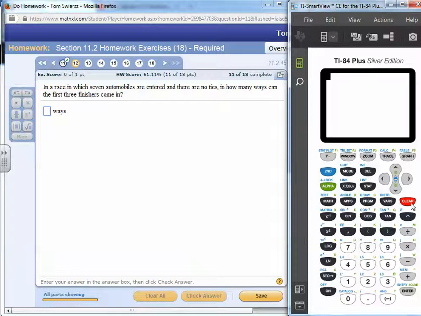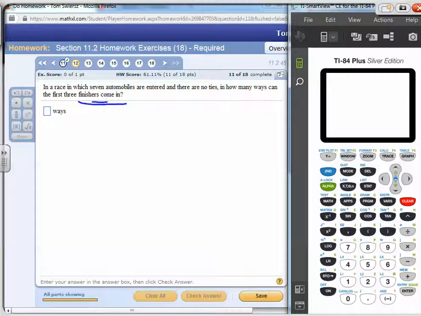All right, let's look at number 12. In a race in which 7 automobiles are entered, there are no ties. In how many ways can the first 3 finishers come in? Again, first 3: first, second, and third are distinguishable, so order matters. So it's going to be a permutation. We've got a total of 7, and we're looking at the first 3, so 7P3.